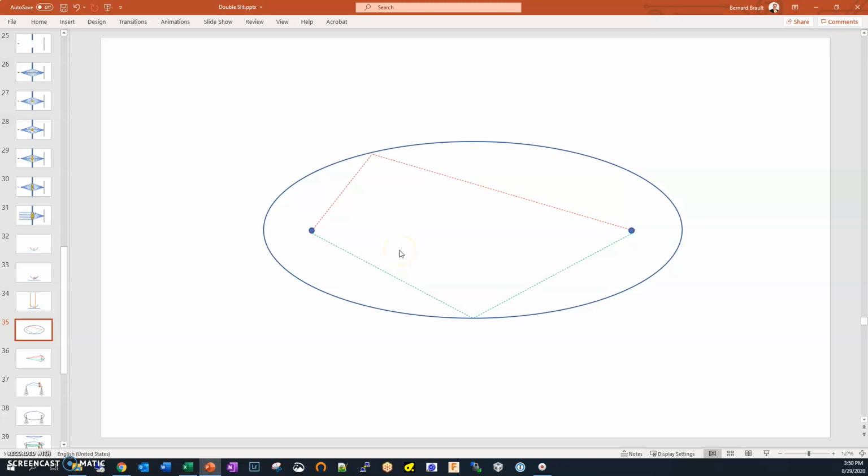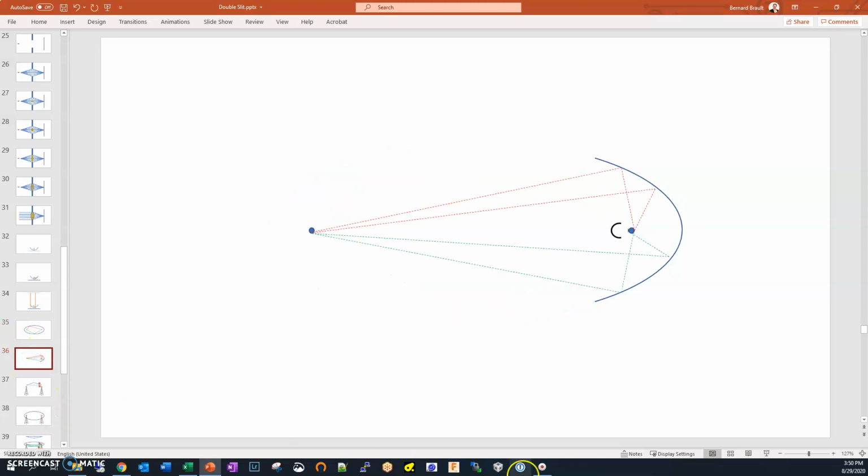And because it's equal distance, again, we can use it in order to focus light. And how we would do this is something like that. So all of the dotted lines there, green, red, they all take exactly the same amount of time. So instead of wanting to focus parallel light, you're trying to focus something that's a bit closer to you, and you want to focus all the light through to another focal point.